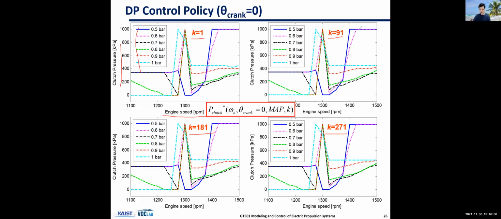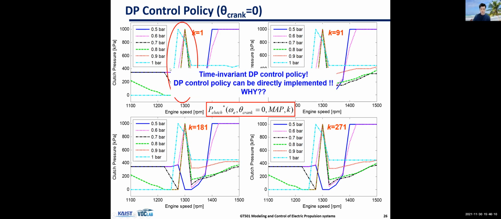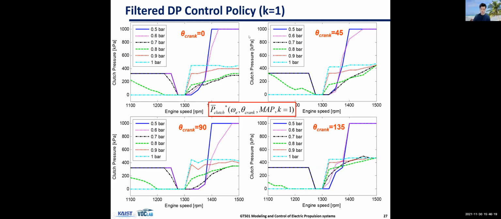So we can directly implement this. This is time invariant, okay? We just need to remove this noise, this spike near delta omega equal to 0. Okay, so we remove that.